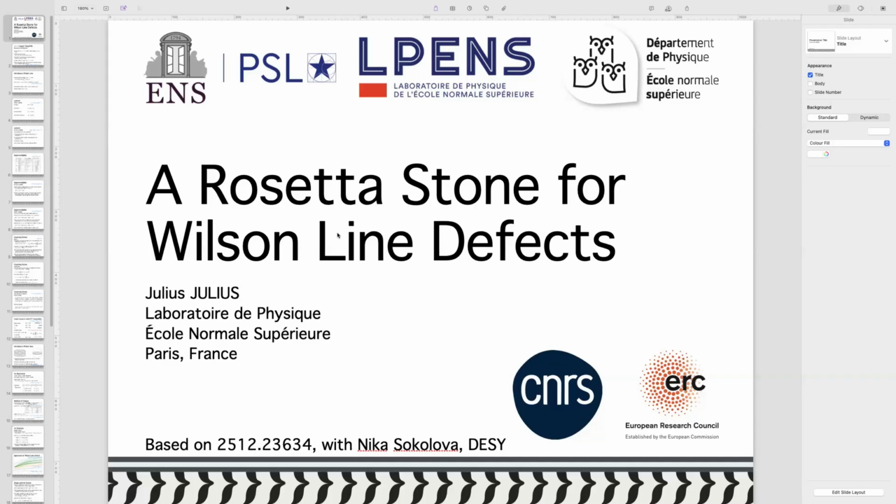In particular, there's a Wilson line defect that you can define in N=4 super Yang-Mills theory, which benefits from integrability. As a result, some of these questions can be asked a bit more sharply, and for that reason we thought of calling this theory the Rosetta Stone for Wilson line defects, because maybe it will give us some information.